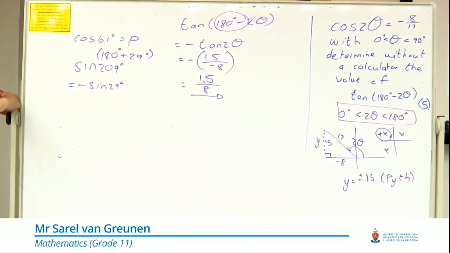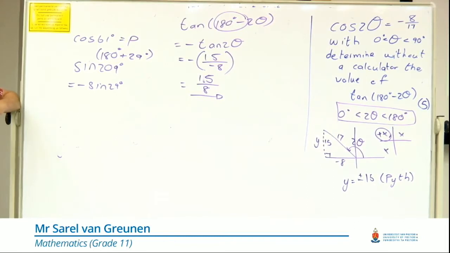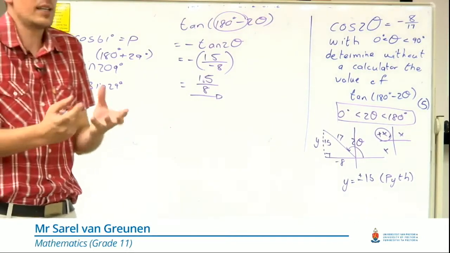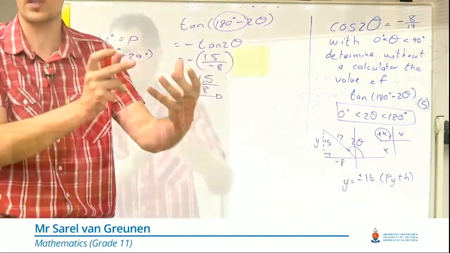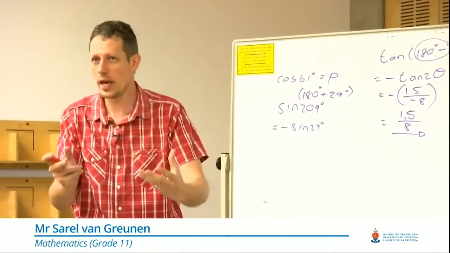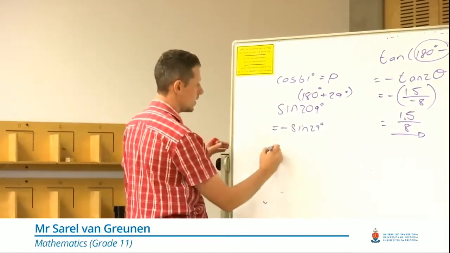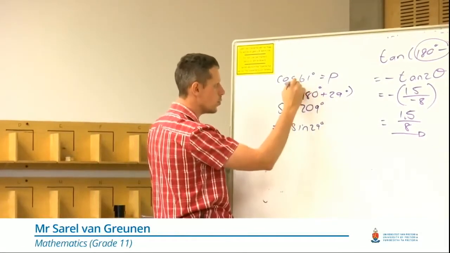Now, what obsession do I have? Get the angles the same. Is there any way that I can get 29 and 61 as the same? Yes. They add up to 90. So I can say, okay, I want a 61 in there.